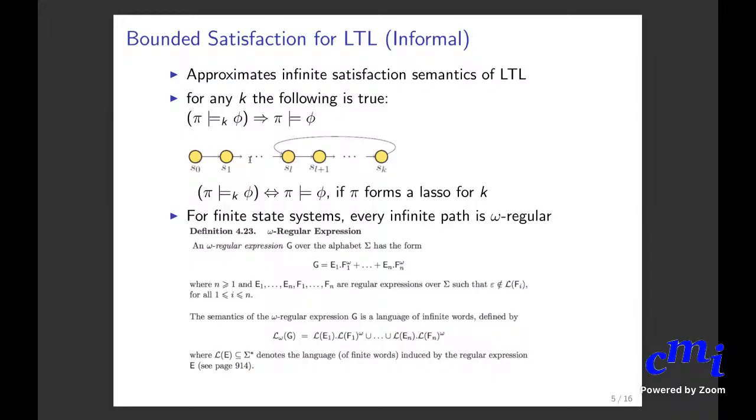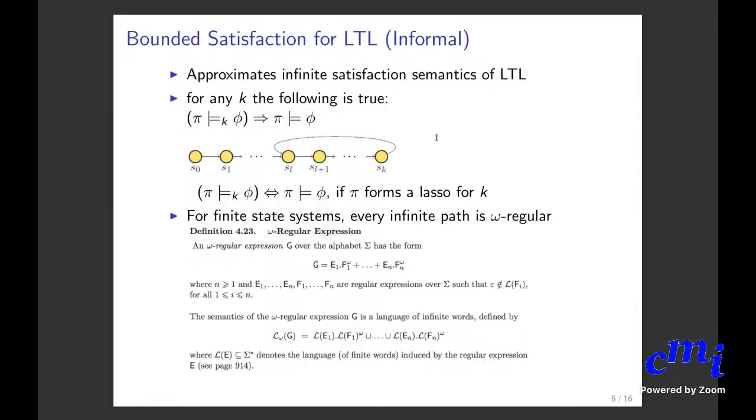That is, after you march from the initial state up to K states, some suffix, from L to K, of this K-long path must repeat itself infinitely.